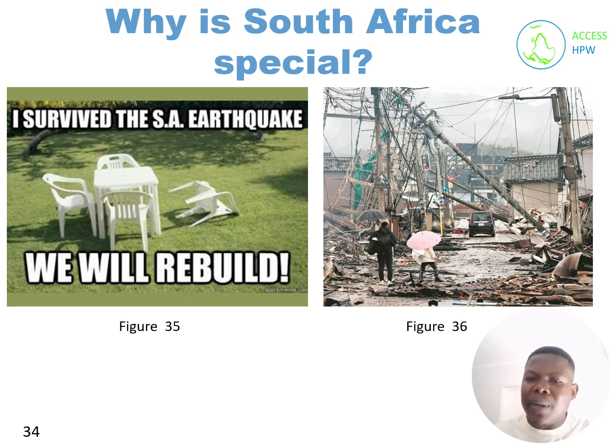That's why Japan introduced paper houses so that they can easily rebuild them. But what about us in South Africa? Whenever we get hit by an earthquake, we are able to repair it easily. Like in the figure there, whenever an earthquake hits South Africa, a chair simply falls, and to fix the damage, we simply just pick up the chair.